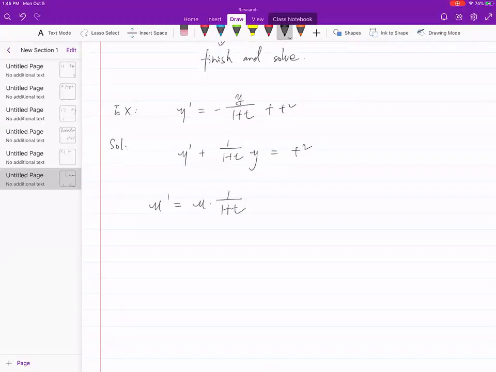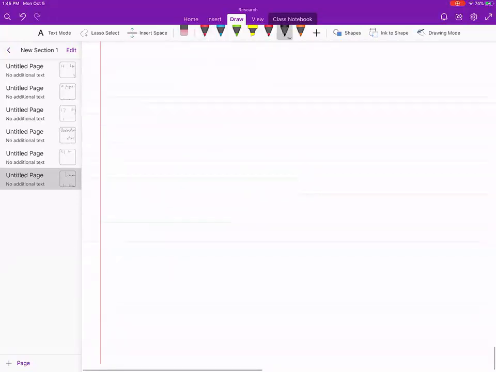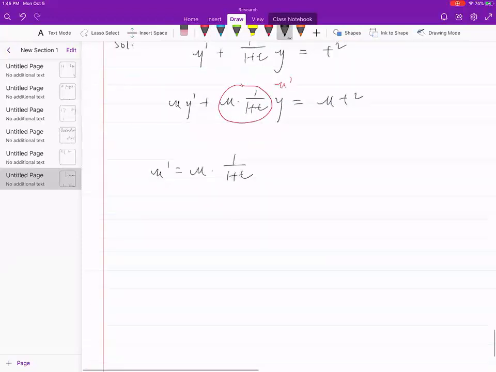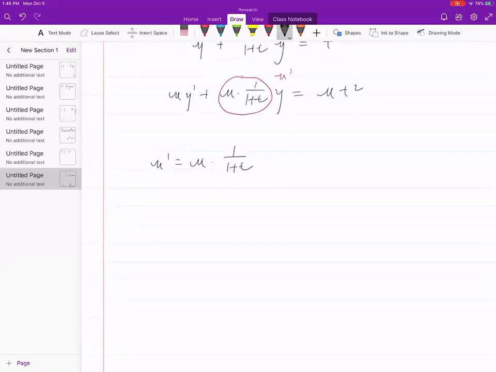If you think this is confusing, just rewrite this one to be mu y prime plus mu times 1 over 1 plus t y equals mu times t squared. And you're hoping this is mu prime. I think that's clear. You're looking for a product rule. Therefore, mu prime has to be this. This is always separable, so it's always doable.